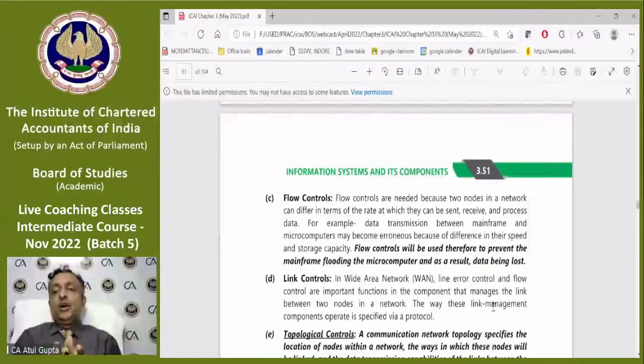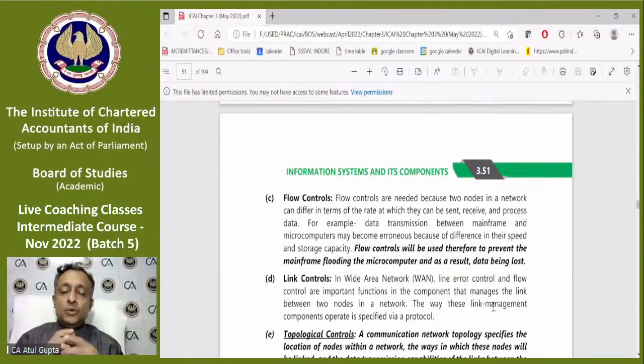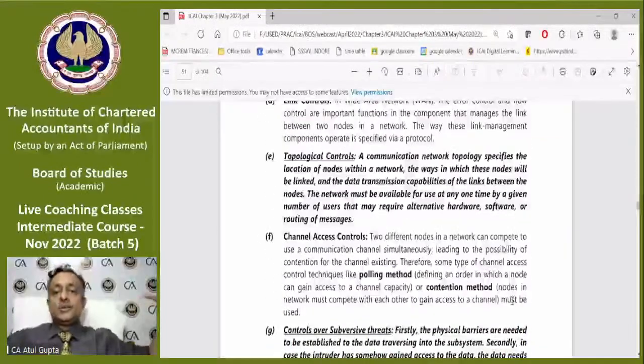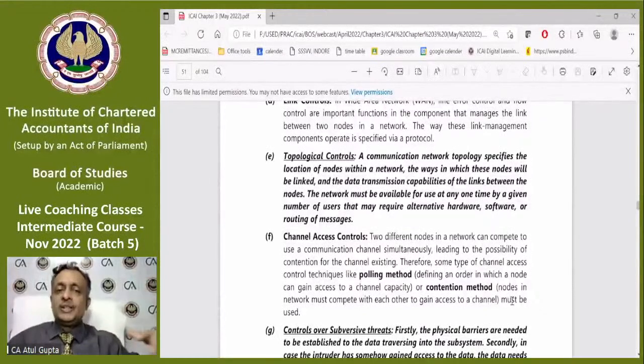Flow control is important. Flow control will be used to ensure that the data that is flowing is not lost and is secured. Link control between two systems. Topological control, the way you create topology, ensuring that everything works properly.